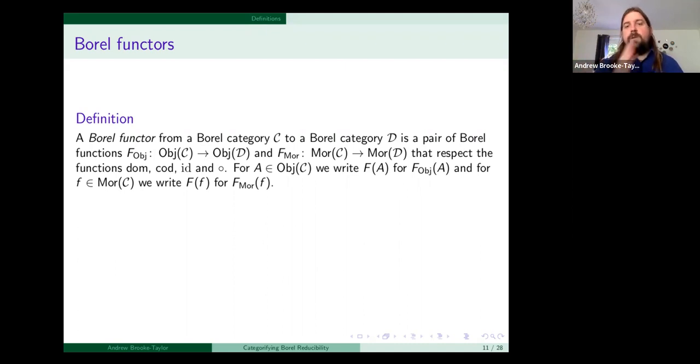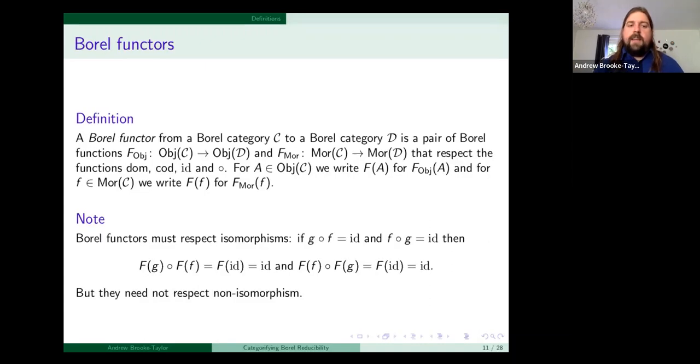So what does that mean? We just want that the functions, the object function and the morphism function, should be Borel functions. And then it should be a functor, so they should respect domain, codomain, identity, composition. Now, the first thing to note is that Borel functors must respect isomorphisms.